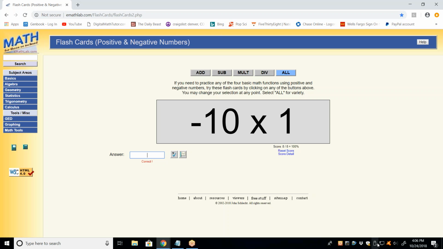Oh, -10. 4. -4. Sign first. Positive. Answer second. 72. Yep.